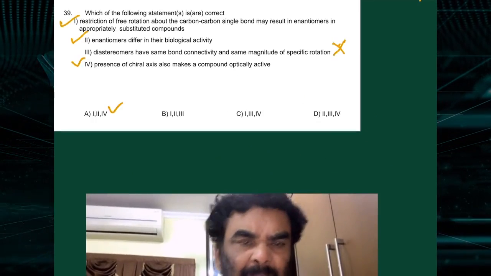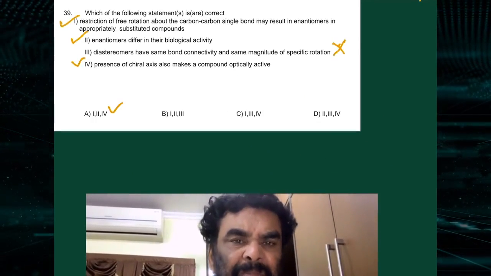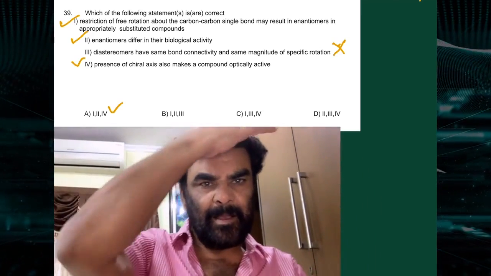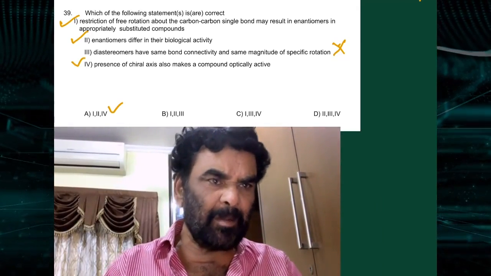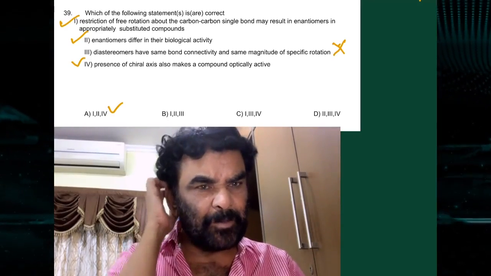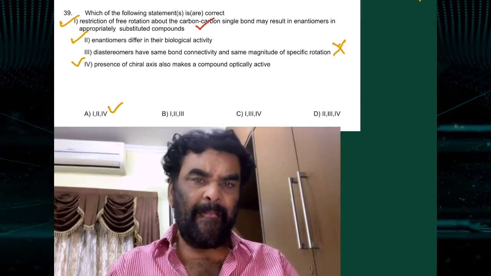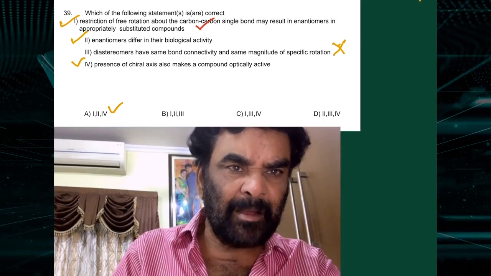Now, which of the following statements is correct? Restricted free rotation about the carbon-carbon single bond may result in enantiomerism in appropriately substituted compounds. Correct. And enantiomers differ in their biological activity.